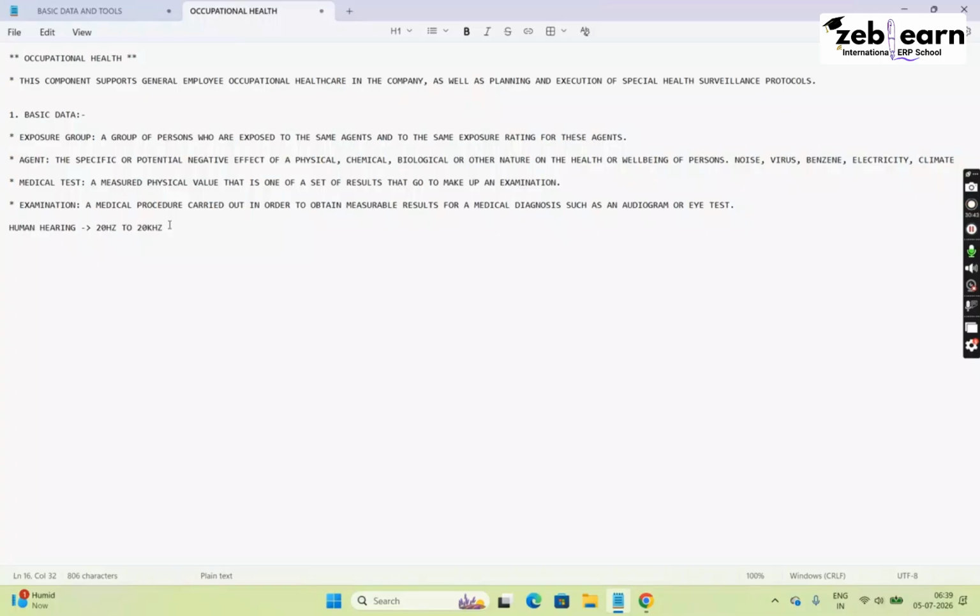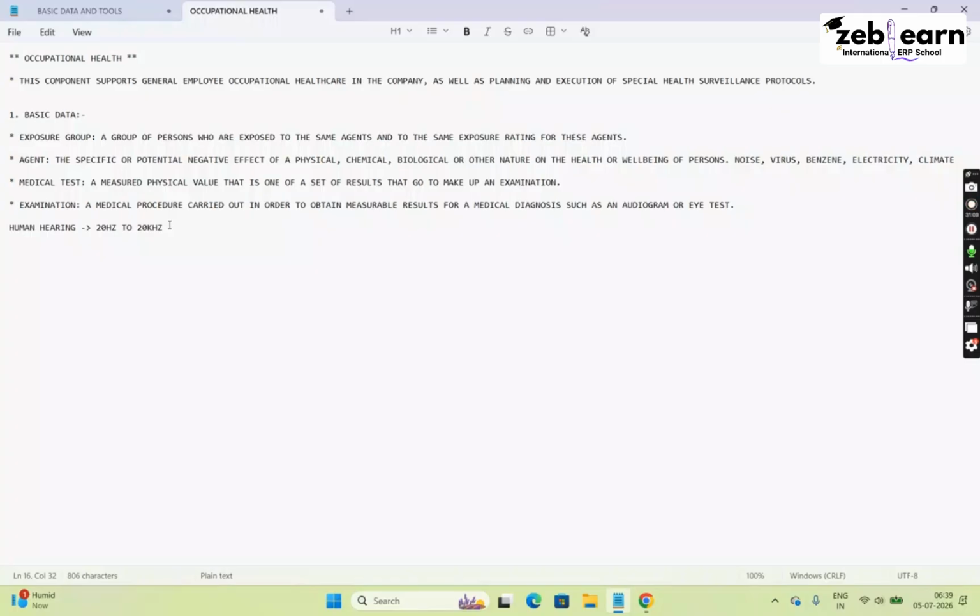At whatever frequency point he is able to hear, they mark that and plot a graph. That graph is nothing but your audiogram test. From that we can know how much this person is able to hear, how much his hearing has become deficient, and whether we should give him some other job. That will be decided on the audiogram test.